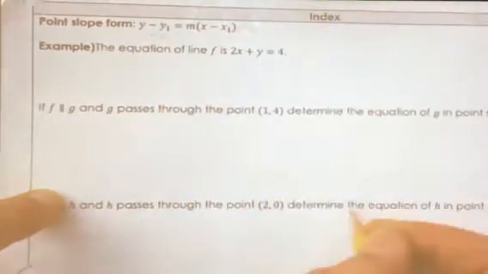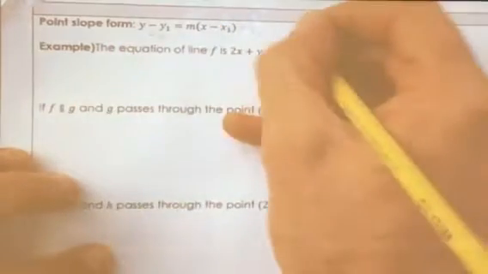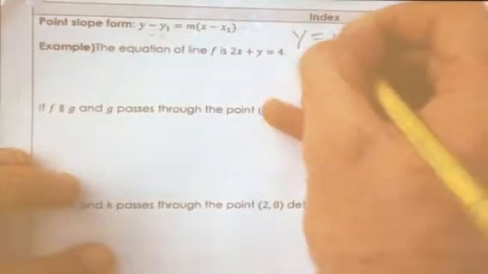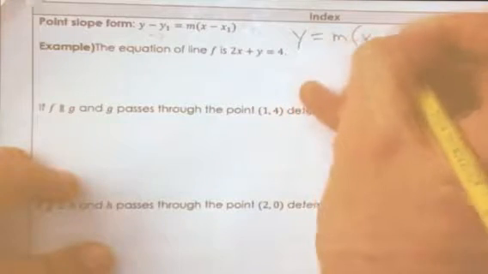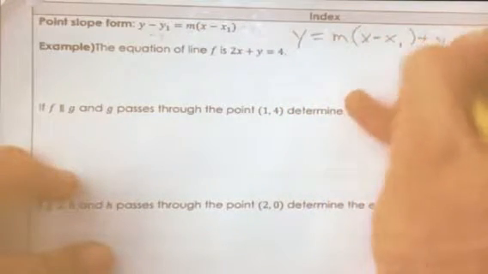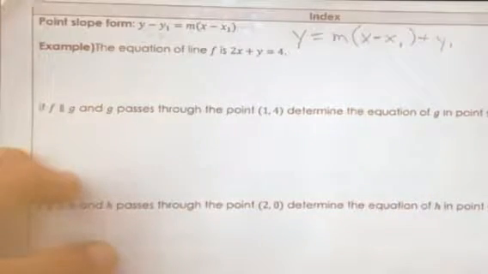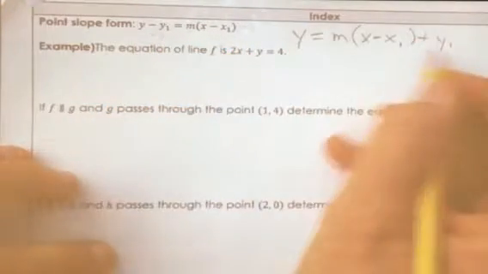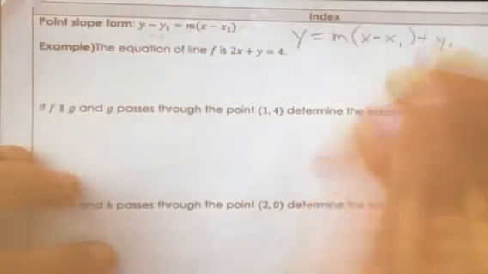And you're actually going to see me add y1 to both sides. So when I work in point-slope form, I get y isolated, and I'm working with y equals the slope times x minus x1 plus y1. This is the form that I will use where I've added y1 to both sides. And that's the form I want you to practice using too.